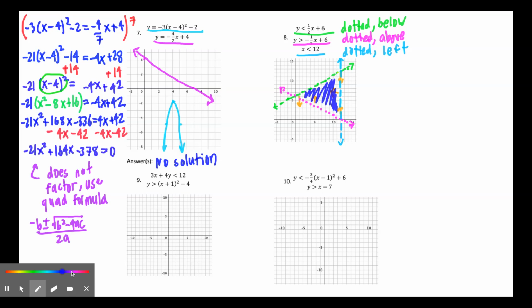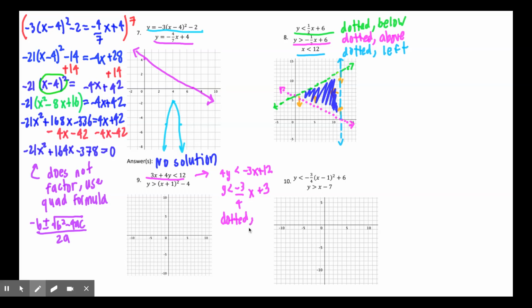Okay, and then this one, probably solve for y first. So subtract 3x. So you have negative 3x plus 12. And then divide by 4, you get negative 3/4 x plus 3. So you graph that, and that's going to be dotted and below.